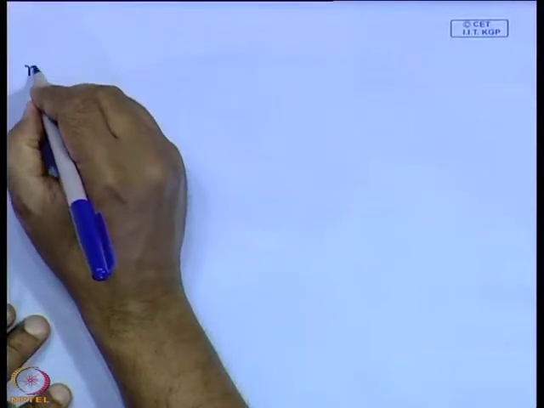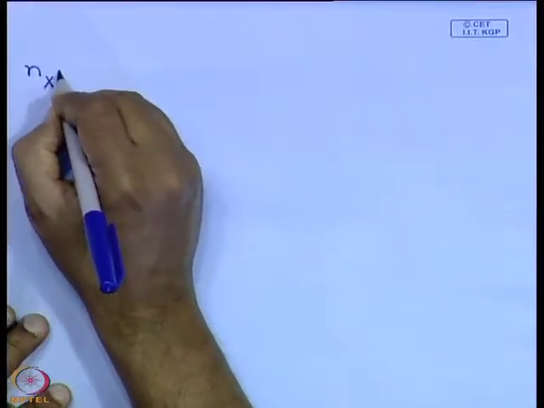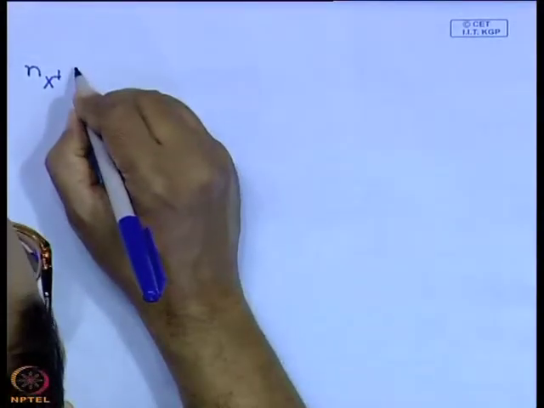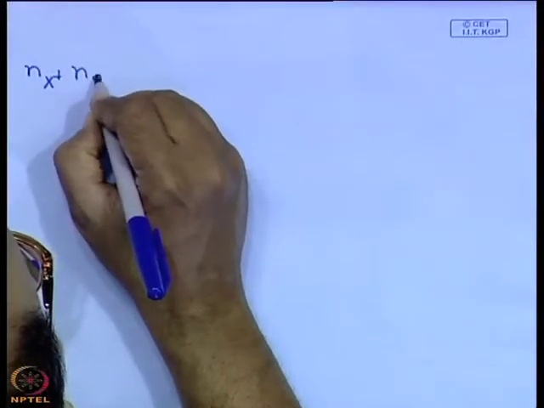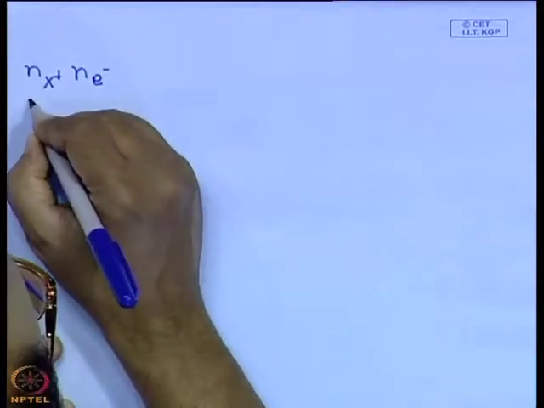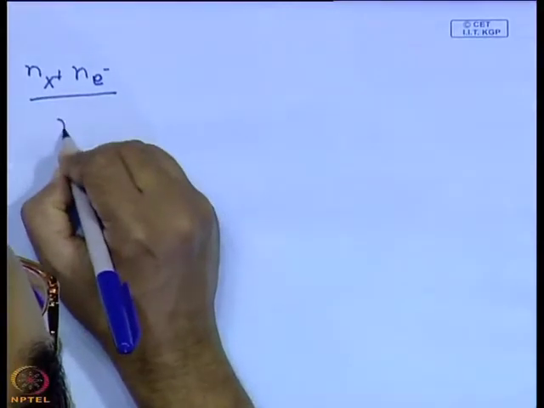Okay. So, with these two inputs, we can now consider the ratio of the number density of particles in the ion into the number density of particles of the electron divided by the number density of particles in the neutral atom.